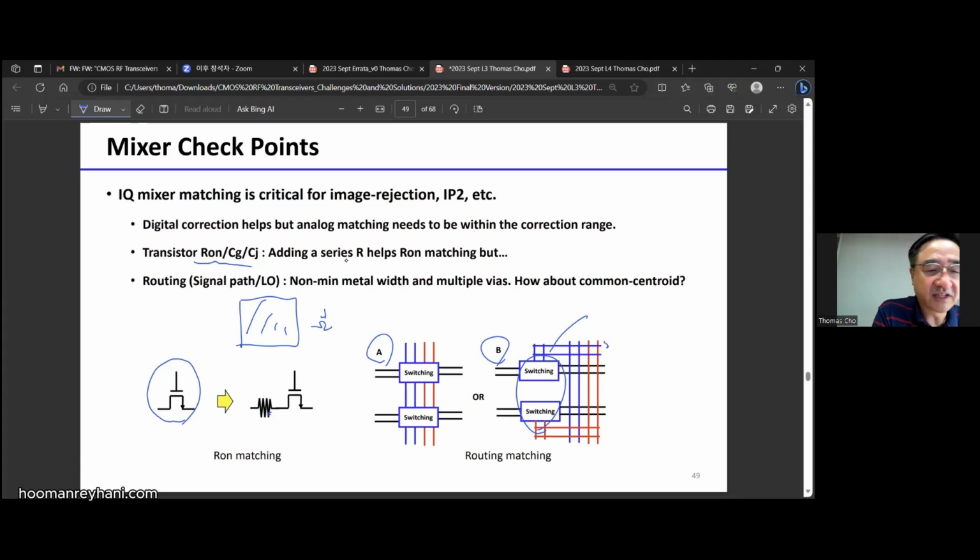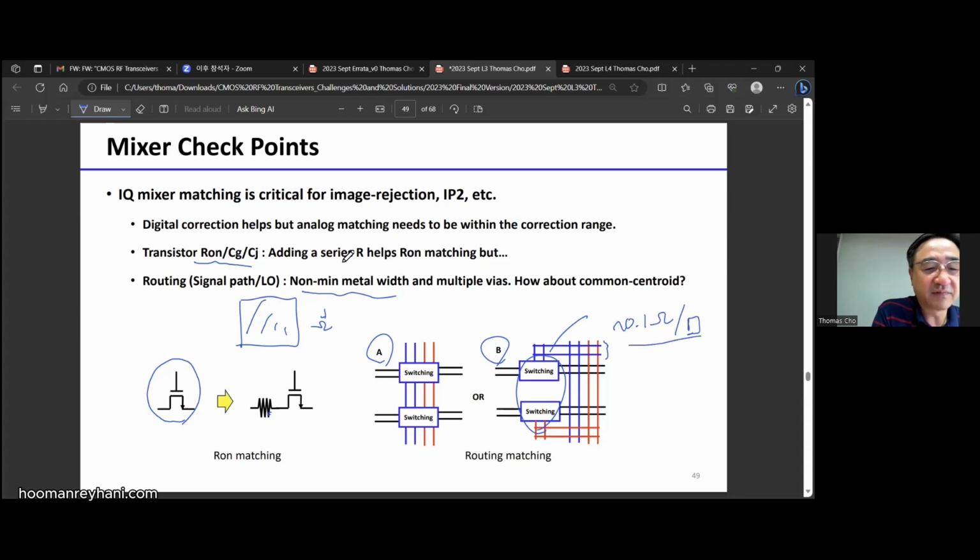And also for all these lines, we should use a non-minimum metal width, because I know that if you increase the metal width, it also increases parasitics, but metal resistance also matters, depending on what the value is. Sometimes these metal lines can have a resistance at lower levels of about 0.1 ohm per square.